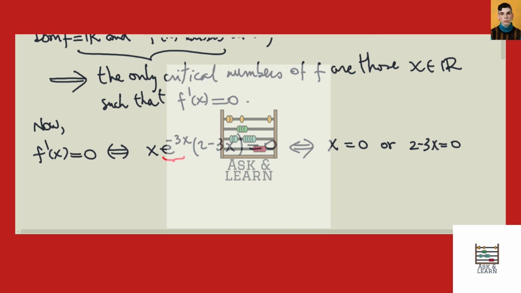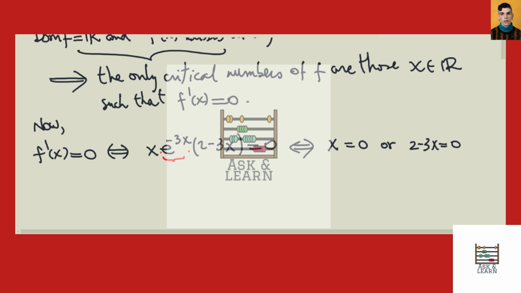That is, we have a product of three functions: x, this exponential of negative 3x, and this factor here, 2 minus 3x. Because the factor exponential of negative 3x can never be 0, it implies that the other two factors can be 0, any of them or both of them.